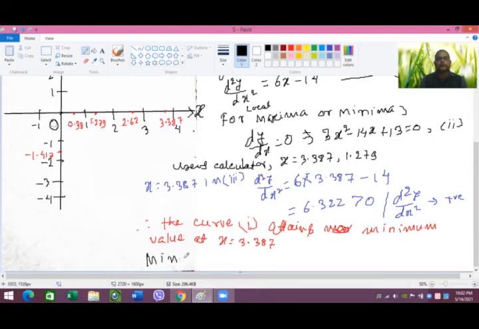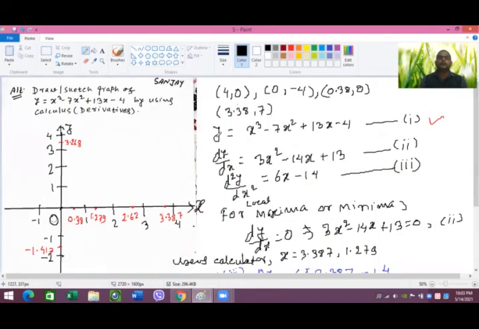So we can say that the minimum point, as the x coordinate is already here, is 3.387. This is the x coordinate and this is the y coordinate. That means this is the input and the output is from equation 1, that is y. In this case, it is x cubed minus 7x squared plus 13x plus 4.